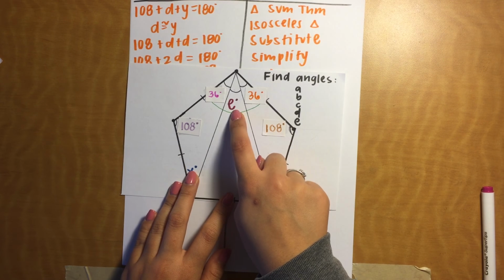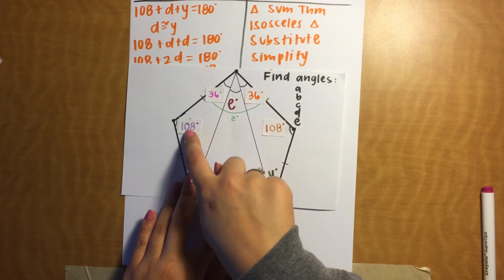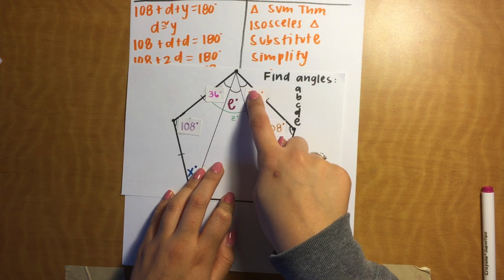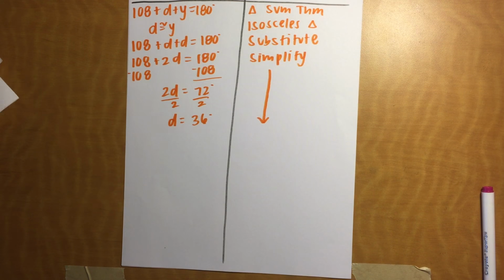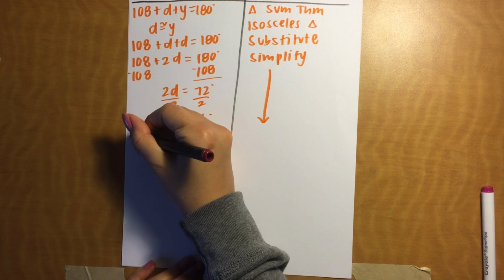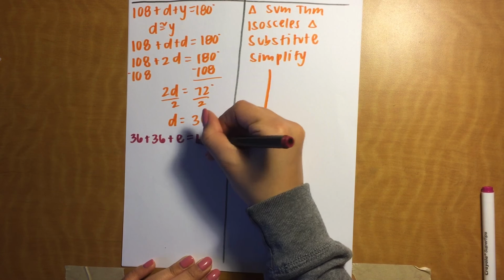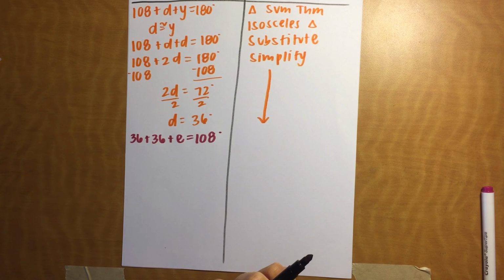So now to find E, we know that this huge angle here is going to be equal to 108 degrees because we know that all angles are equal. So we know this is congruent to this whole angle, Z. So all we have to do is set 36 plus 36 plus E equivalent to 108 degrees, because that's what that angle is equivalent to.